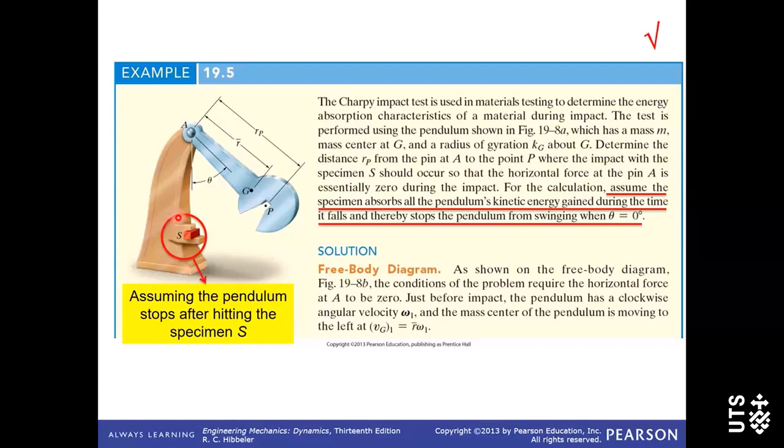If we can make sure all kinetic energy of this pendulum is absorbed by this test specimen only, then we can use this energy to assess the mechanical property of this test specimen.